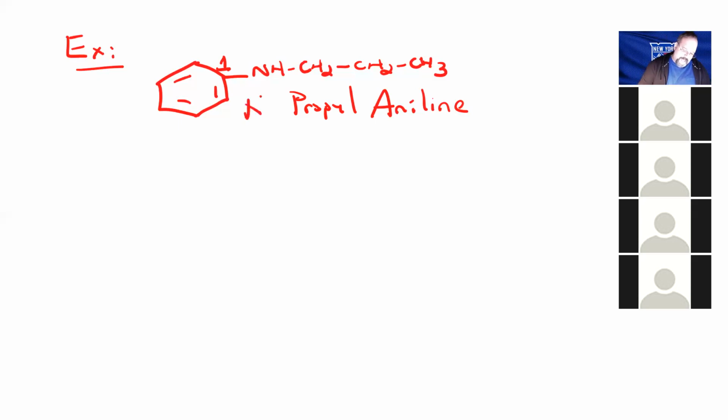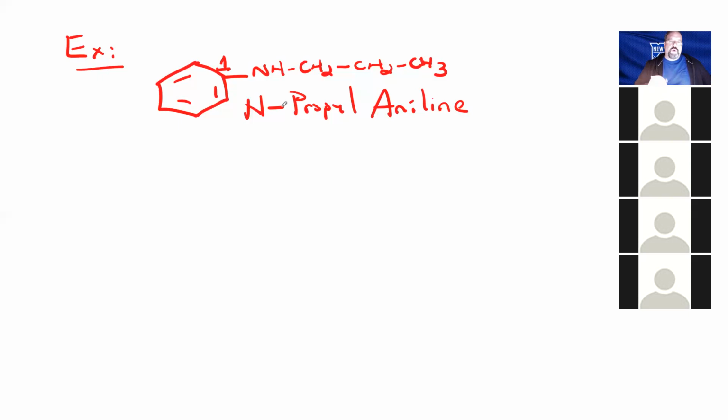We give it a location of N. So when the person sees this name, they know that you have a benzene ring with a nitrogen attached, but instead of having NH2, because it's N-propyl, one of those hydrogens is replaced by a propyl group.